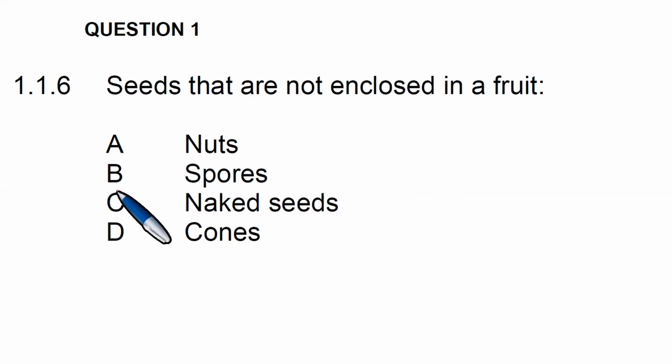Well done. Okay, I'm glad that you're able to get that one right. So it's C, obviously, because these are most certainly naked seeds. Obviously such seeds are not enclosed in a fruit. We're yet to discuss different kinds of seeds. Okay, next question.